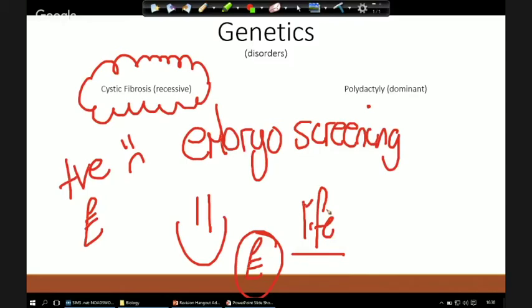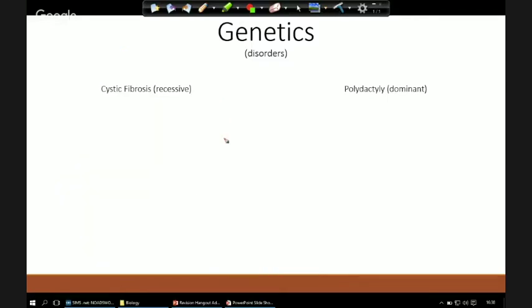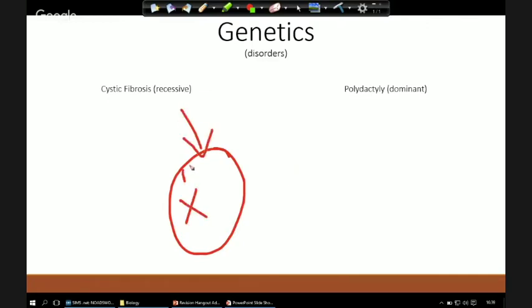Now, I've just had a couple of questions before we move on to the disorders and a few other examples. Specifically, a female produces 1 egg. So how do we get the 2 chromosomes? Let's not forget, there's 1 chromosome from the female. It's always going to be an X. But don't forget that egg has half the DNA in it.